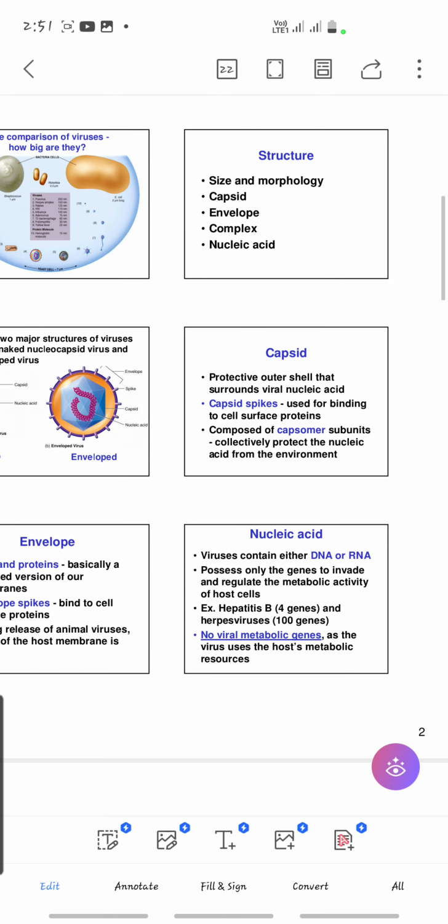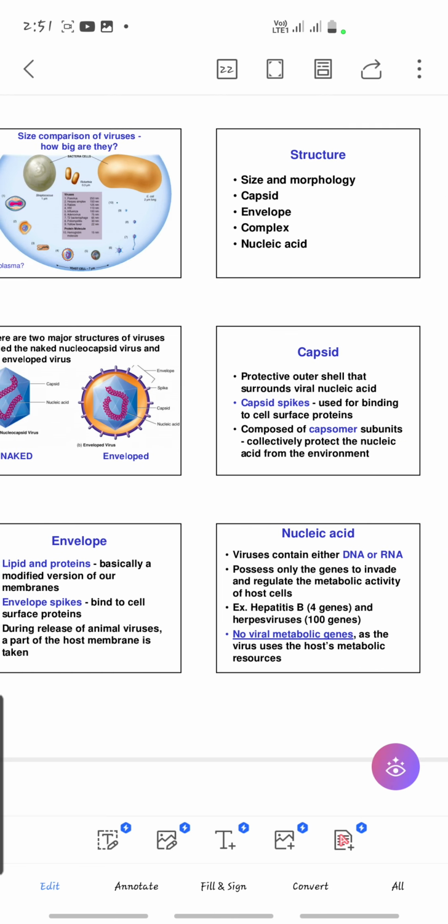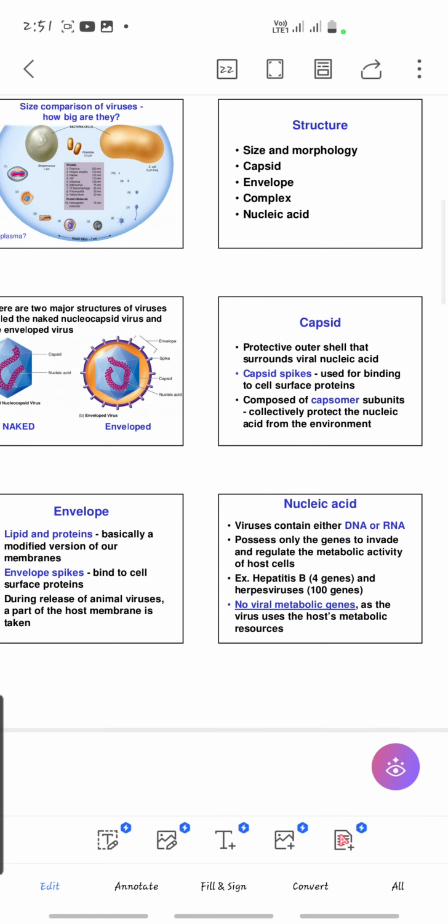Now let's move forward to another part of the structure of the viruses, and that is nucleic acid. Literally, viruses contain either DNA or RNA. So when we say it contains DNA or RNA, it means nucleic acid is there. Nucleic acid occurs in viruses, and it possesses only the genes to invade and regulate the metabolic activity of the host.